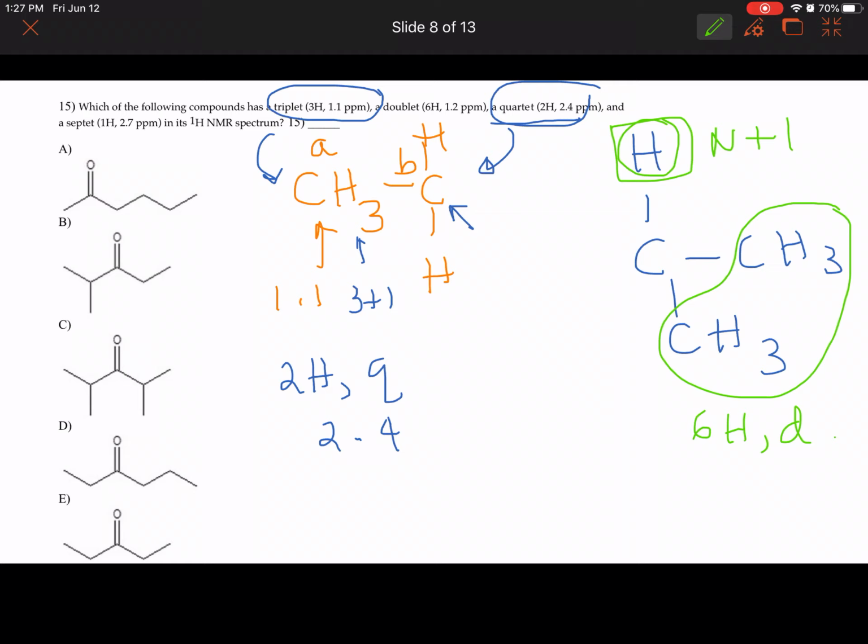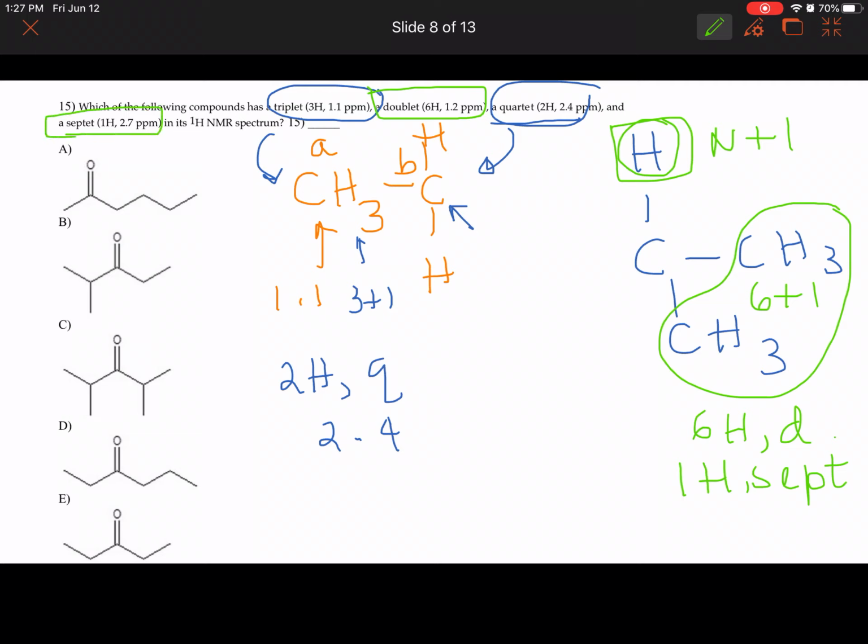So N is going to be 6, N plus 1, 6 plus 1, a septet. So we should have a 1 hydrogen septet. So that is a doublet 6 hydrogen at 1.2 and a septet 1 hydrogen.